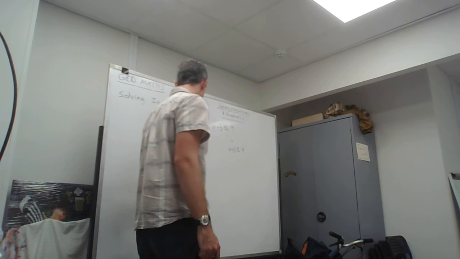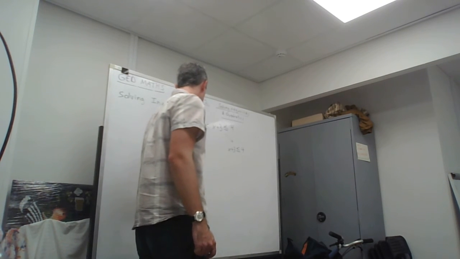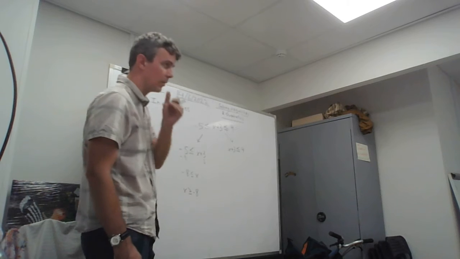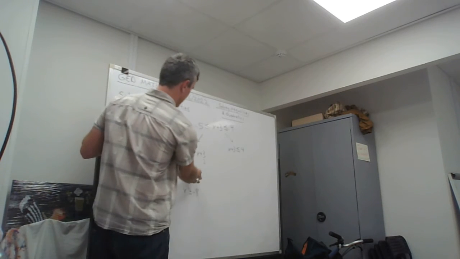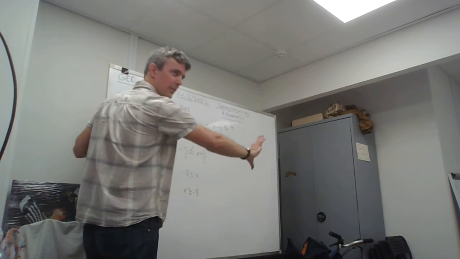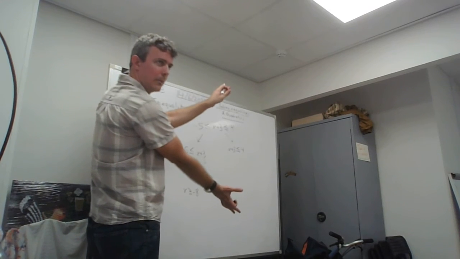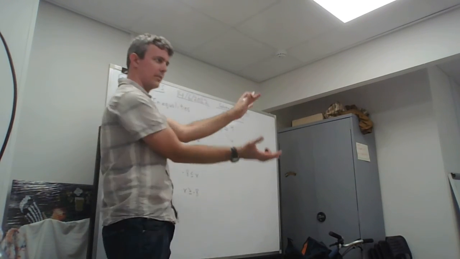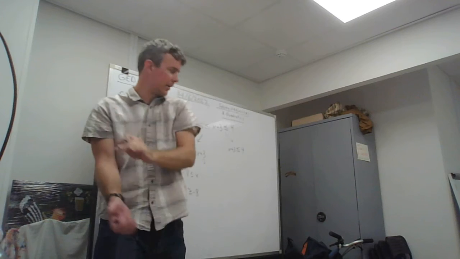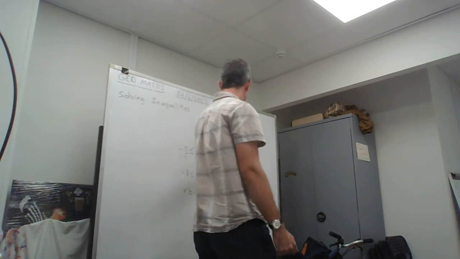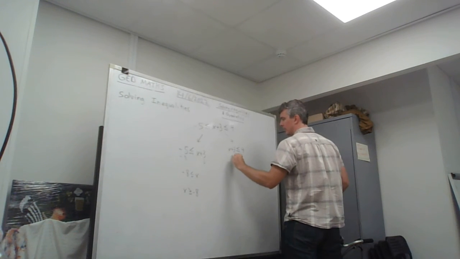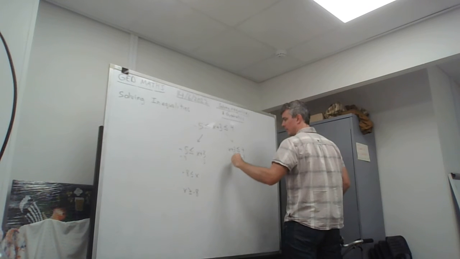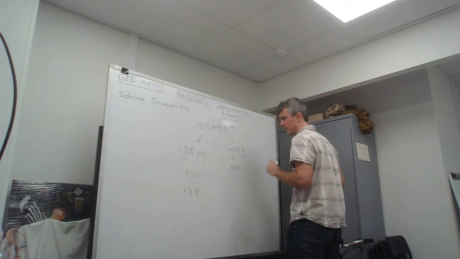Or x is greater than or equal to minus 8. You can write it either way, just make sure that the greater than sign stays the same way on x. If you put it to the other side, the greater than sign is still there. And this one, we subtract 3, so you get x is less than or equal to 1.